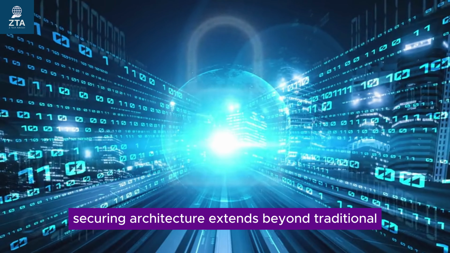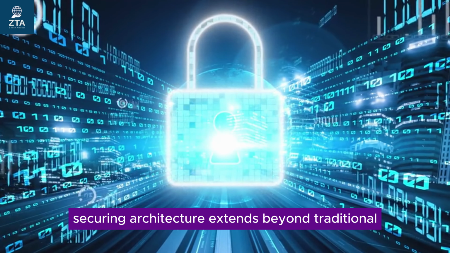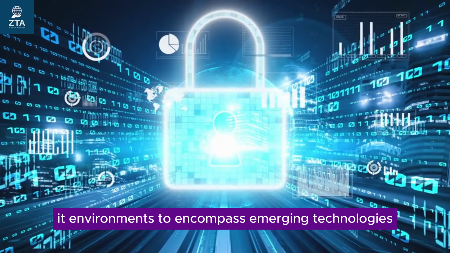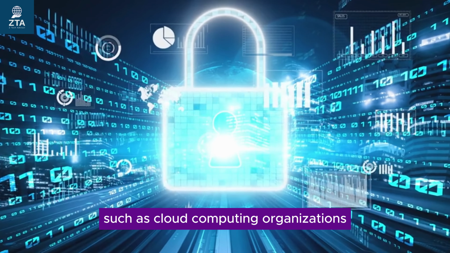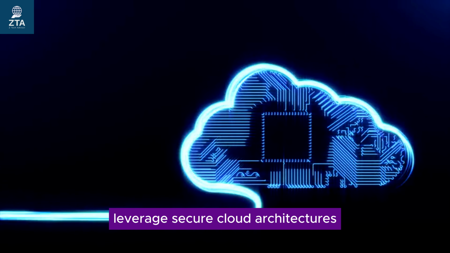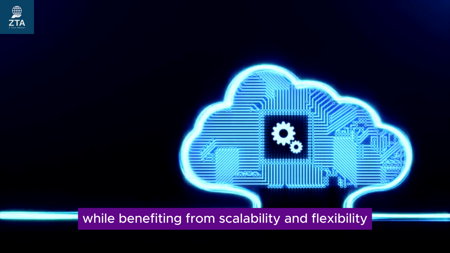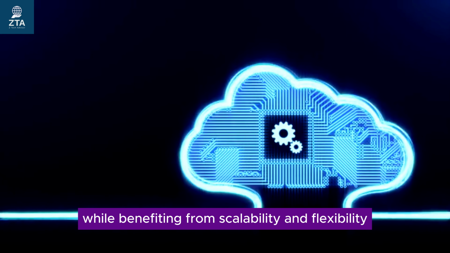Moreover, securing architecture extends beyond traditional IT environments to encompass emerging technologies such as cloud computing. Organizations leverage secure cloud architectures to store and process data securely while benefiting from scalability and flexibility.